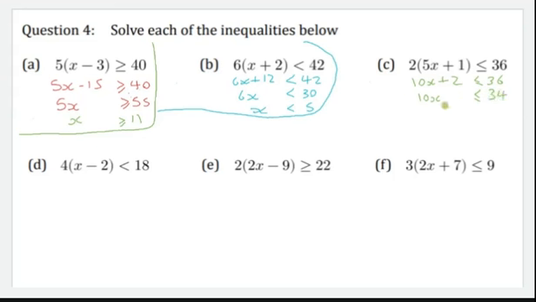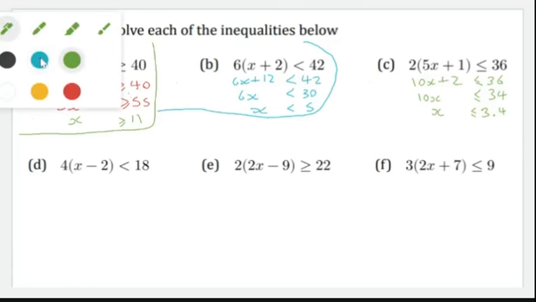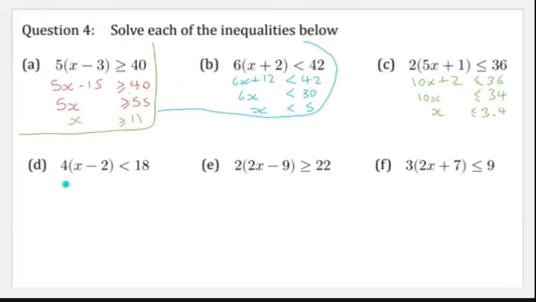So divide 10 on both sides, and that's x is smaller than or equal to 3.4. Very good. Yeah, you've got this. I'm confident you've got the other one. So I'll just race through those really quickly, unless you wanted to answer one of them. Oh, I didn't finish working it out. That's cool. I'll just go through these.